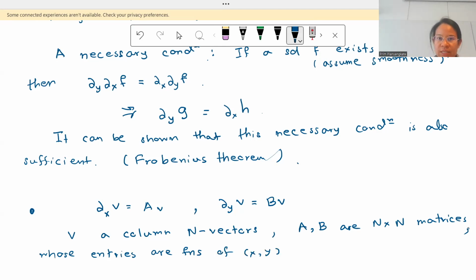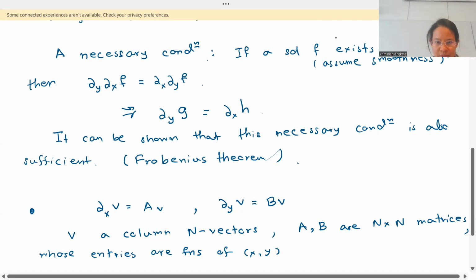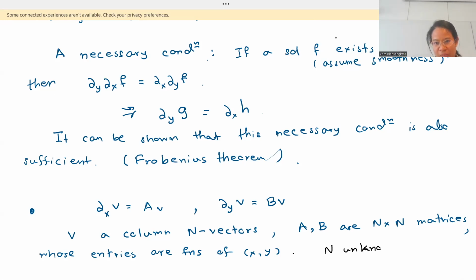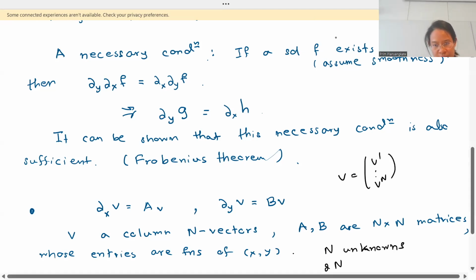This is overdetermined again. So we have n unknowns, by n I mean the components of v. If you say v is v1 to vn, so n unknowns, but then we have 2n equations. That's overdetermined.